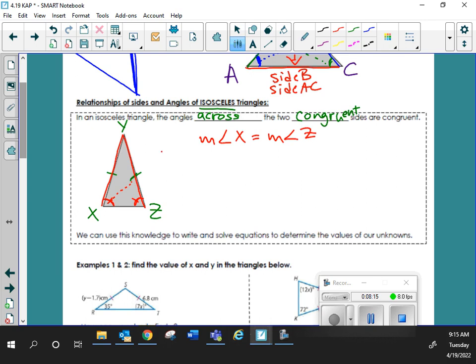Again, if you want to translate this as if I was saying it out loud, the measure of angle X is equal to the measure of angle Z. You can also say that the side length of XY is equal to the side length of XZ. Is that anything too crazy? Hopefully not. Okay. So we're going to use that information to solve different kinds of problems.